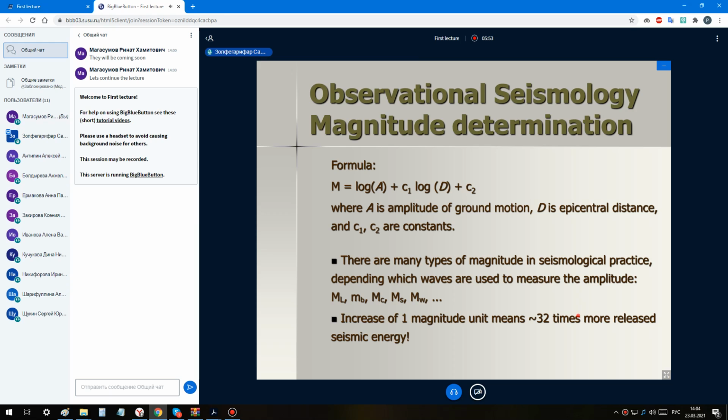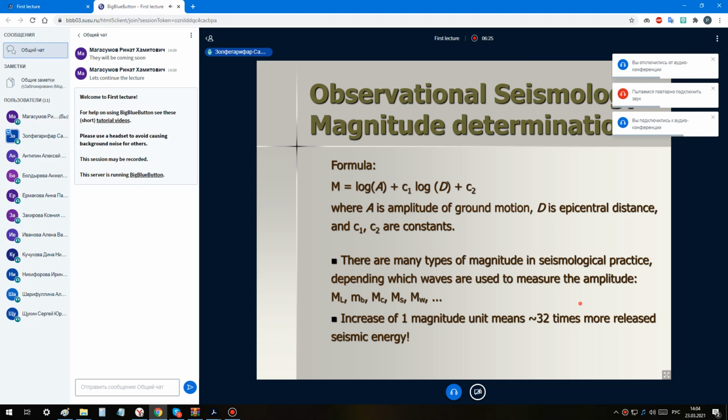There are many types of magnitude in seismological practice, depending on which waves are used to measure the amplitude, such as ML, MB, MC, MS, and MW. An increase of one magnitude unit releases 32 times more seismic energy.